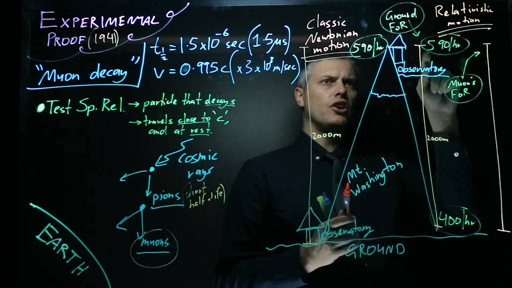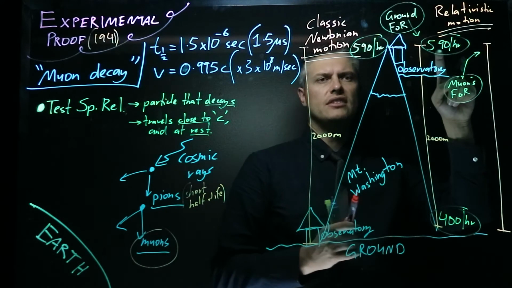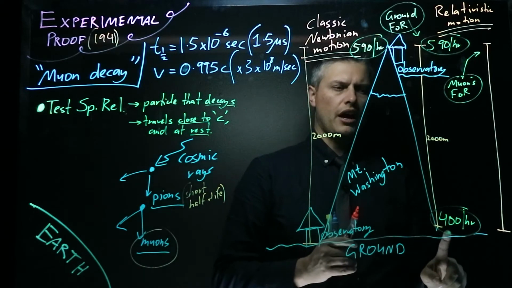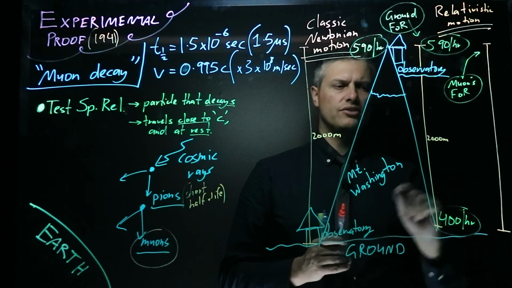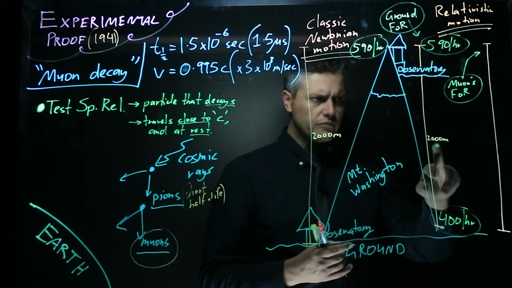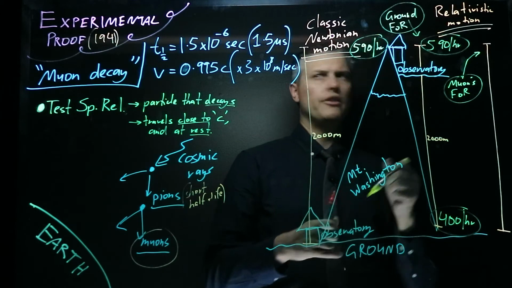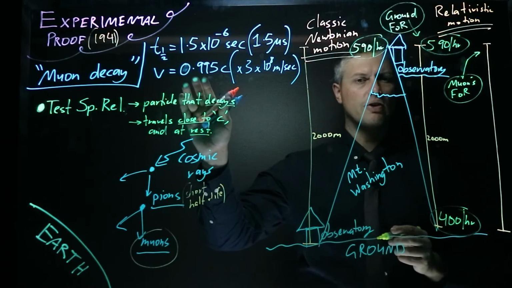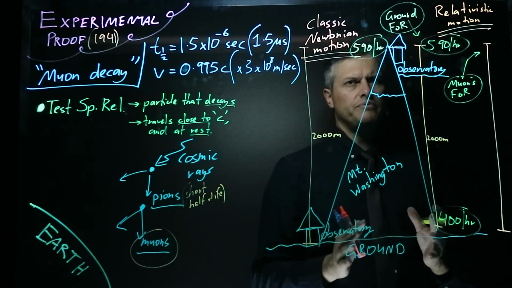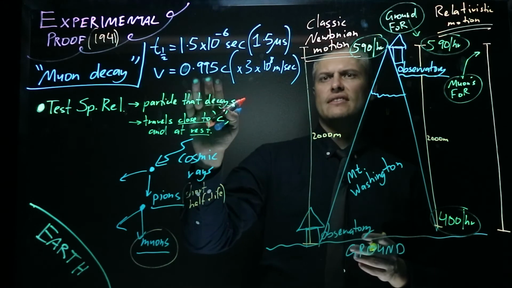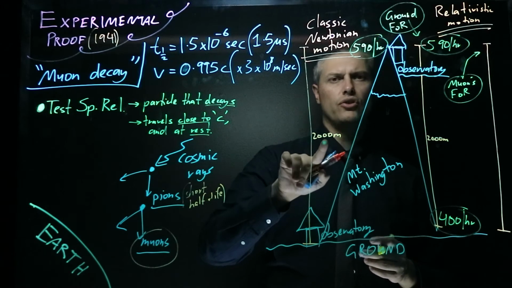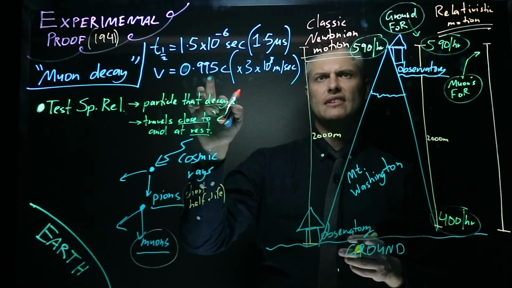So the scientists at the top of the mountain detected 590 muons per hour, and at the bottom they detected 400 per hour. Now the mountain is 2,000 meters tall. And we need to remember here that these muons are moving at close to the speed of light. So what's strange about this is, if we consider that speed and that distance, how long does it take to go 2,000 meters at that speed?